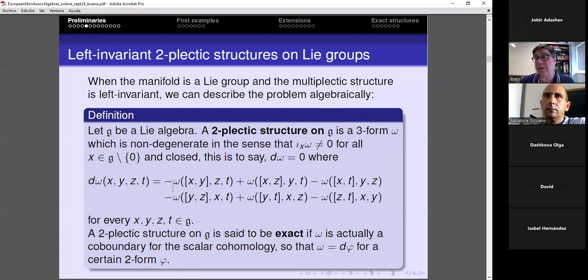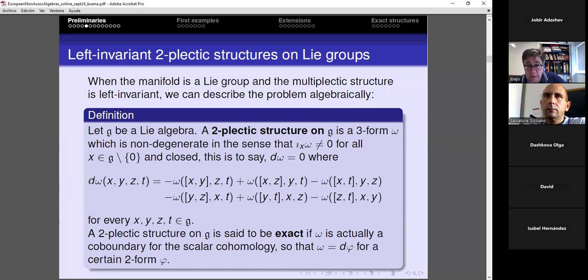A closed three form is the same thing as a three cocycle for the scalar cohomology of the Lie algebra, and it is non-degenerate in the sense that if we take one x different from 0 in g and put it in the first variable, then the 2 form that we get is different from 0.